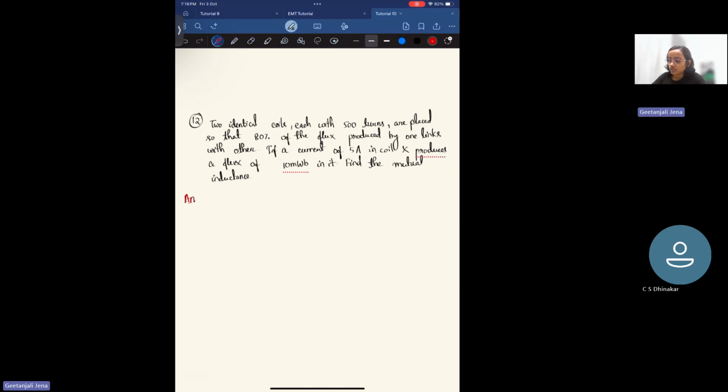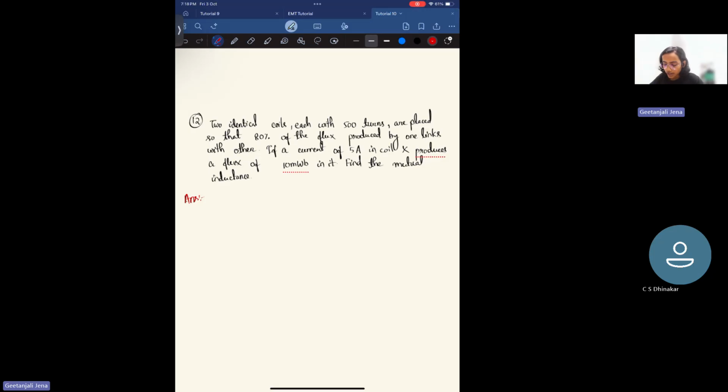So let us see question number 12. It's quite easy, so I would like you to solve it first, then I will show you the steps. There are two identical coils, each with 500 turns. These are placed so that 80% of the flux produced by one links with the other.